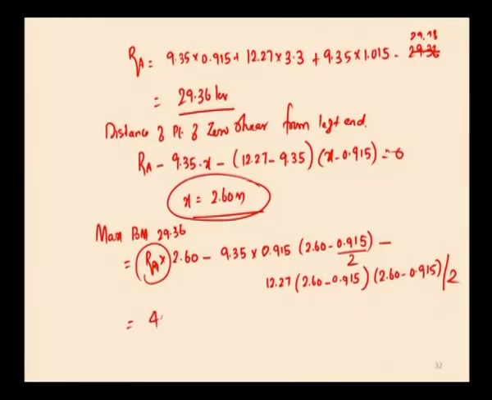Here R A is 29.36. Now, the maximum bending moment is 40.12 kilonewton meter.